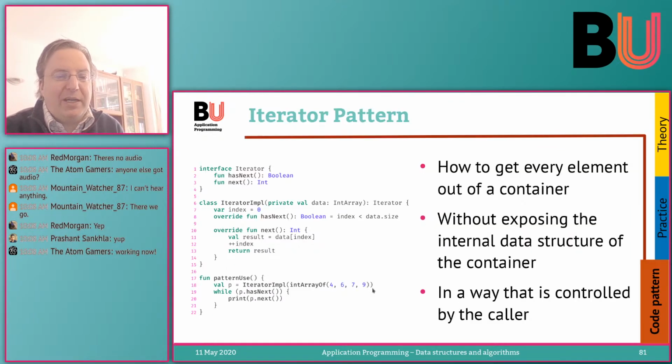The iterator pattern is the pattern of allowing you to get every element in a container or a data structure of some sort, and it will just get through all of them. You don't care about how it works underwater, how you get those elements. It will just give you a range of elements. By the way, there's more than one way of doing iterators.